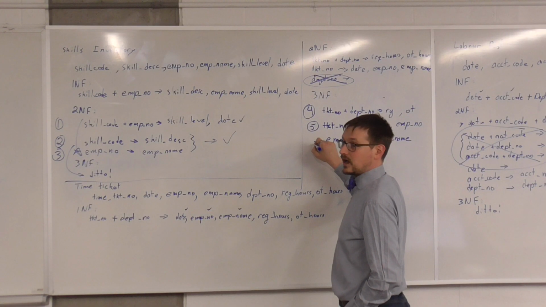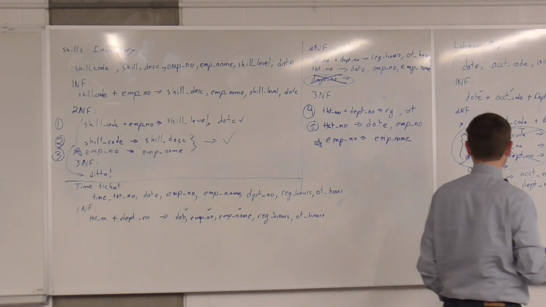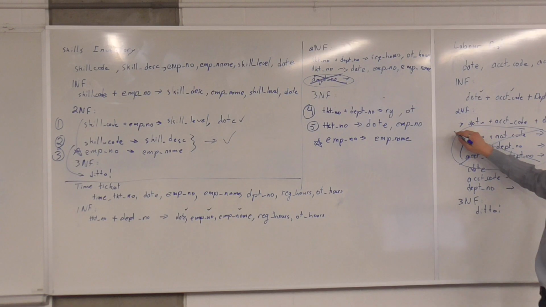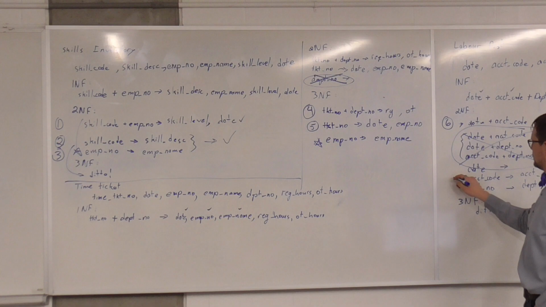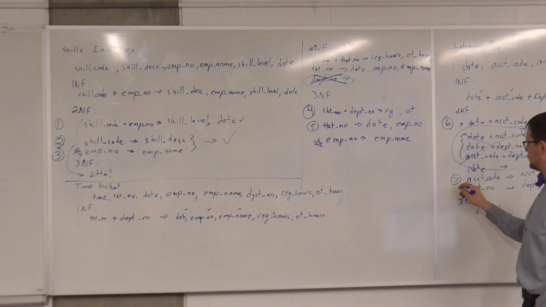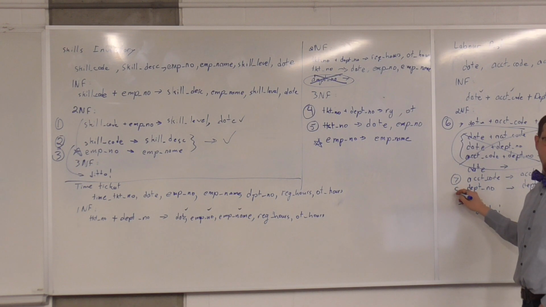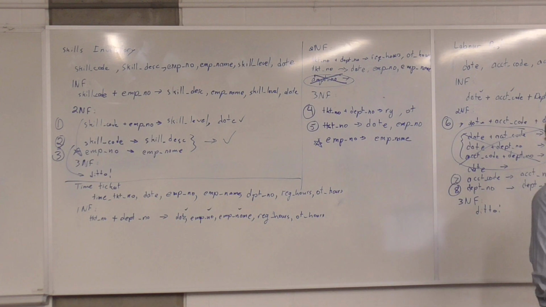We already got that one. 6, that one. 7, account code, and we have the right number of tables, my friends. So now it's time to draw the ERD.